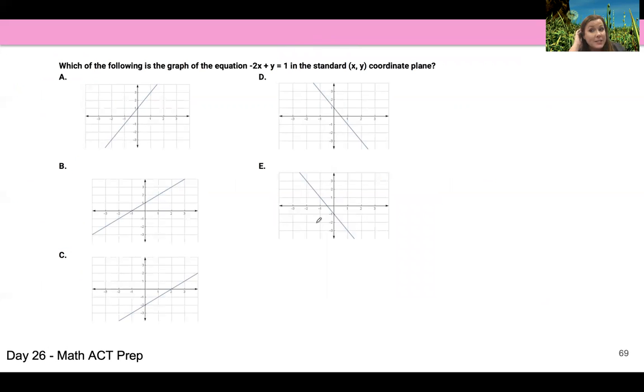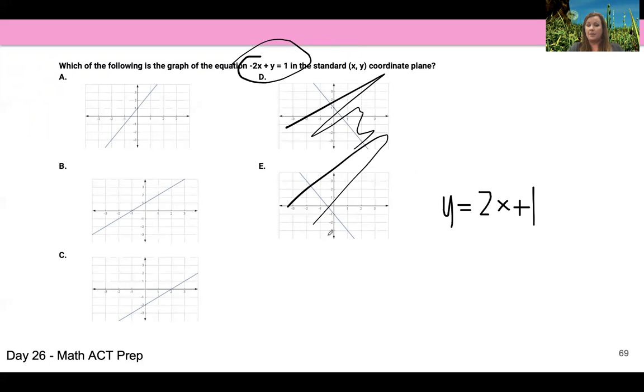And this one, this is where the whole positive and negative slopes, knowing what the graph looks like, comes in handy. Because if we take this equation here and we put it in y equals, you're going to get y is equal to 2x plus 1. It's a positive slope, so that means it's going upstairs. Can't be D, can't be E. Those are negatives. Now I can go over here and I can plug in some points if I wanted to.